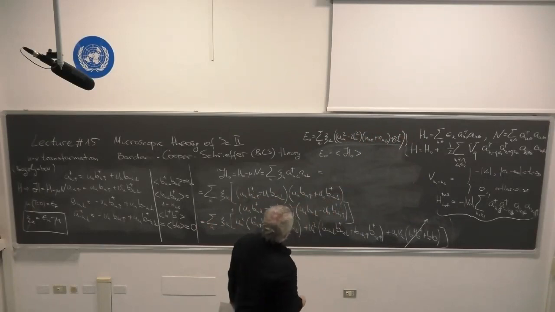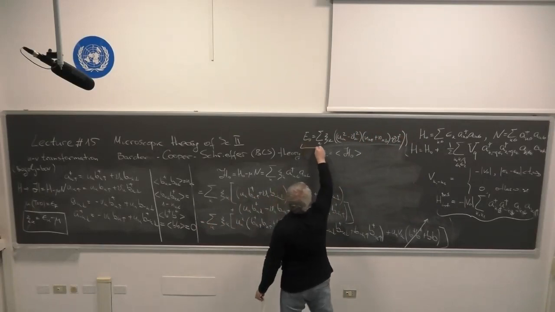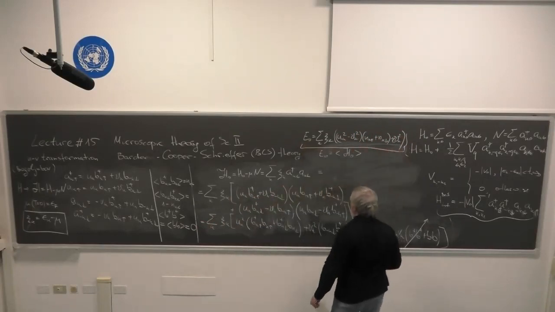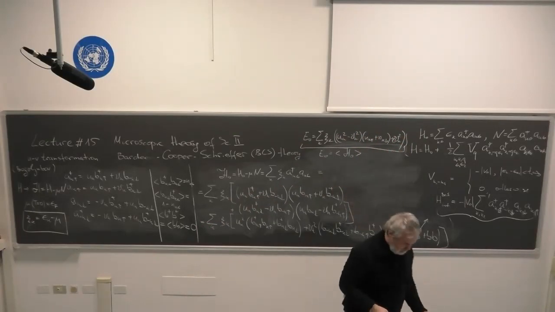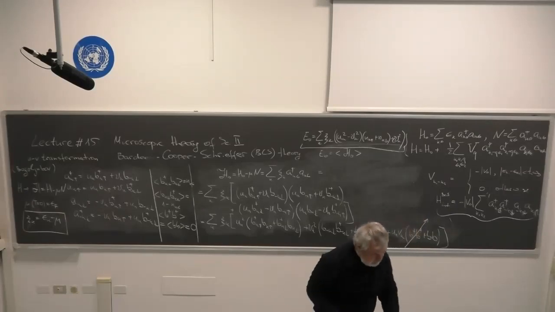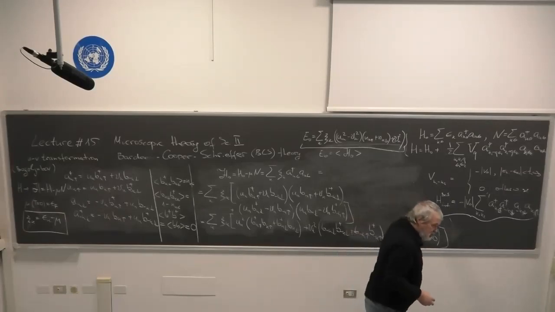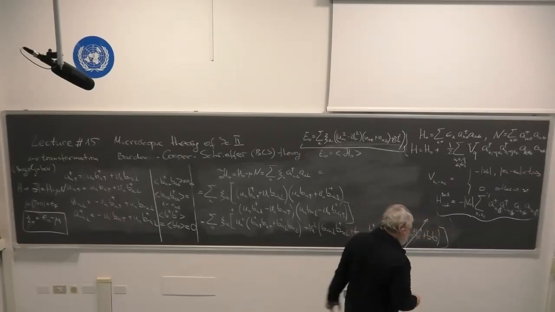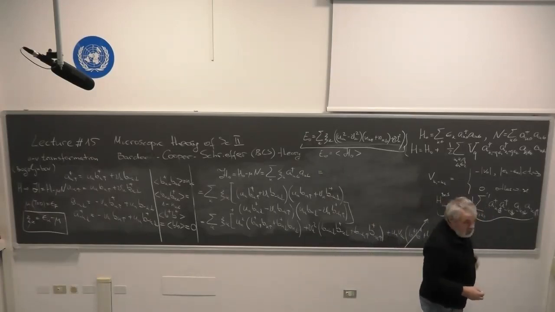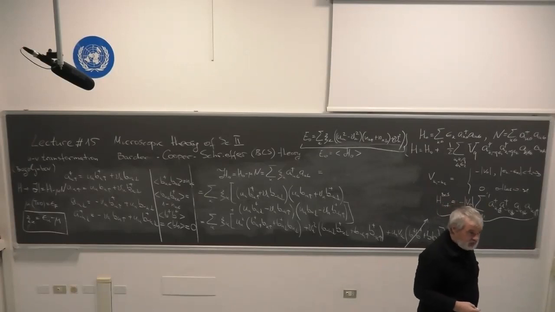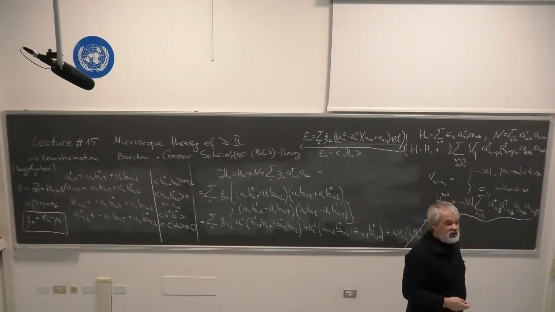Okay, so this is what concerns the free part of the Hamiltonian related to the kinetic energy. Let me do the same for computing the interaction part. I will rewrite my Hamiltonian written here in terms of the new variables, and then I will take the expectation value of this part of the Hamiltonian.